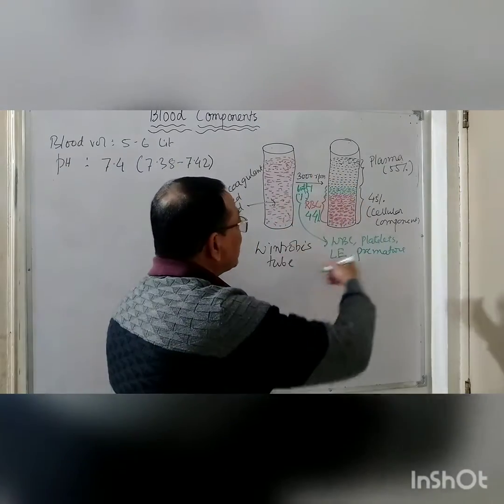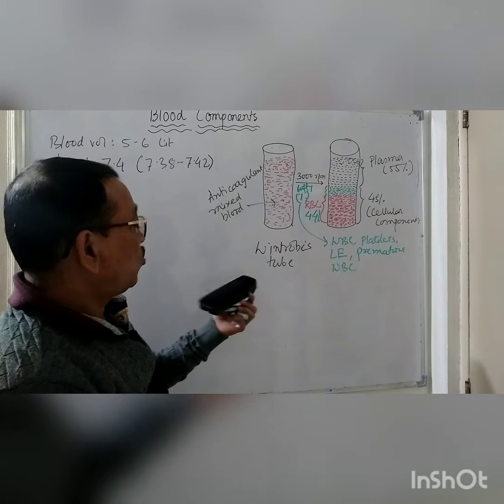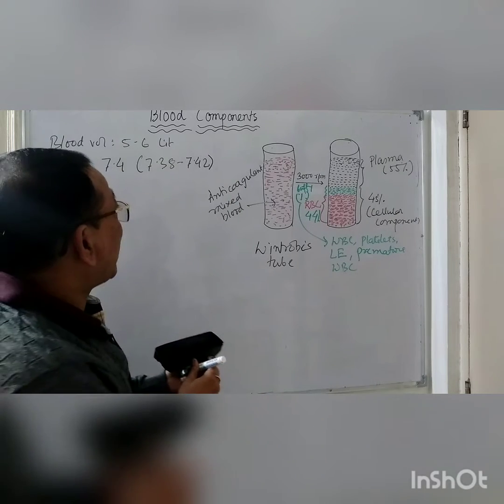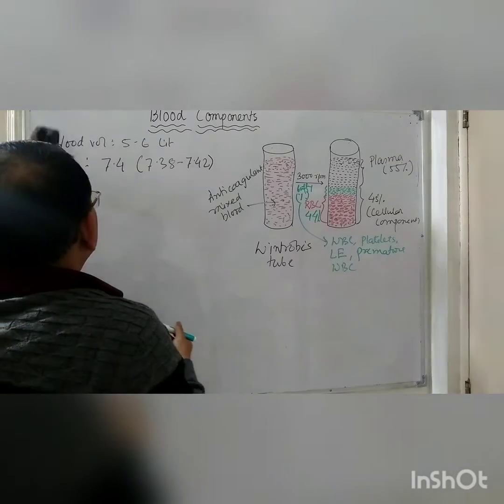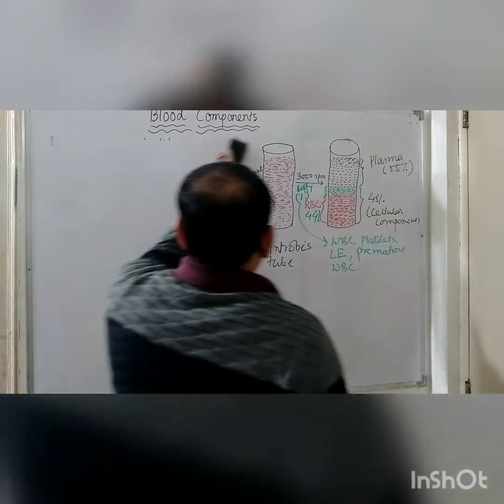So from this experiment we can know that blood is comprised of two main components.